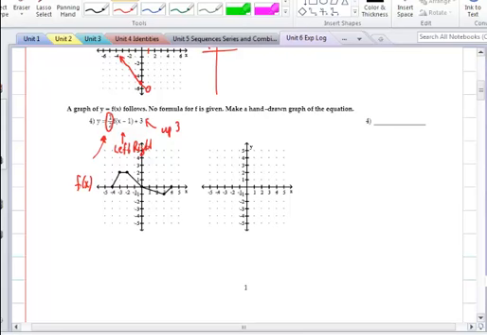So we may want to take our time graphing this. I'm going to first graph just f of x moved to the right by 1 and up 3. I'm going to pause it while I do that, and then when you come back, you'll see that graph moved right 1, up 3.